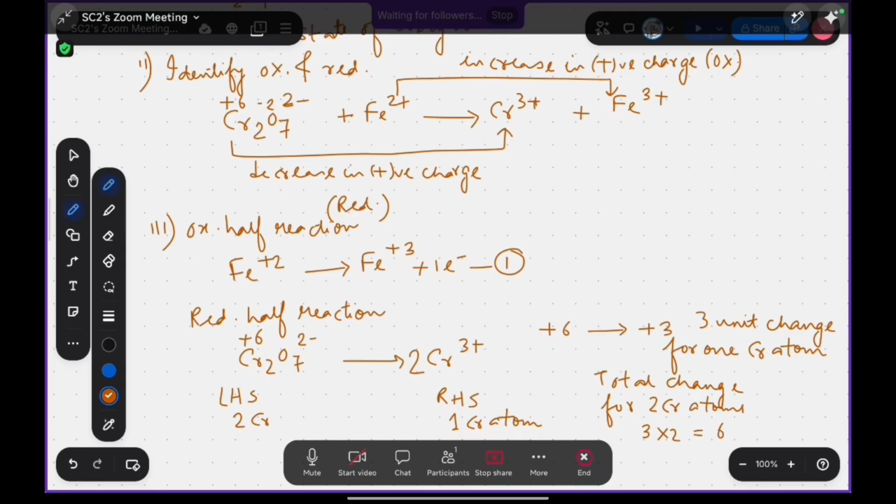In Cr2O7, in dichromate ion, each chromium has plus 6 oxidation state, and that is changing to plus 3. So per chromium, 3 units change, and for 2 chromium, it is 6 units change. So that is 6 electrons on the left hand side.